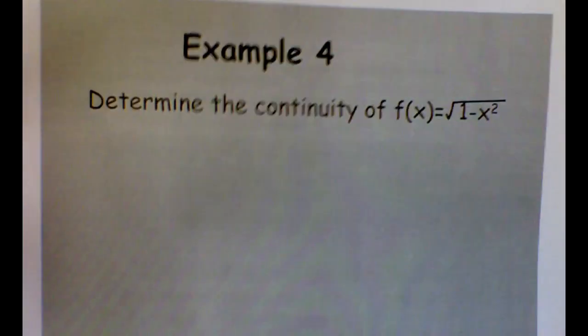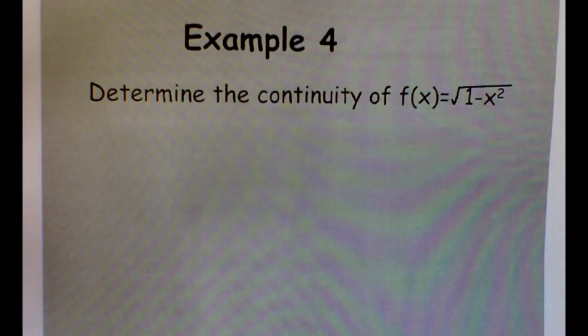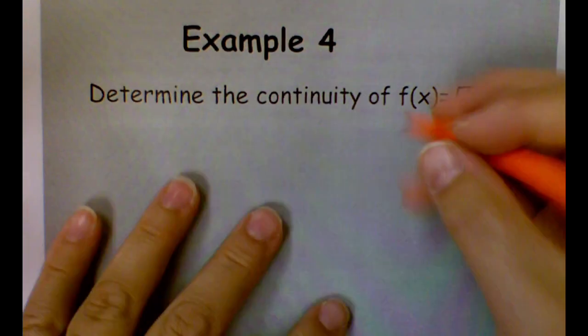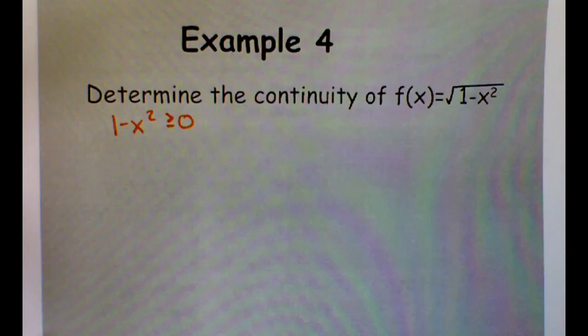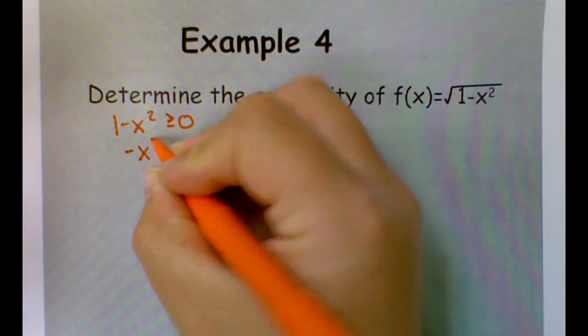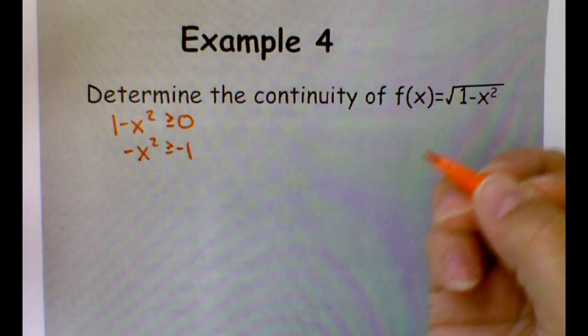So let's determine the continuity of this function. For this function, we need to think about the domain. When I think about the domain, I know that 1 minus x squared has to be greater than or equal to 0. So negative x squared has to be greater than or equal to negative 1.